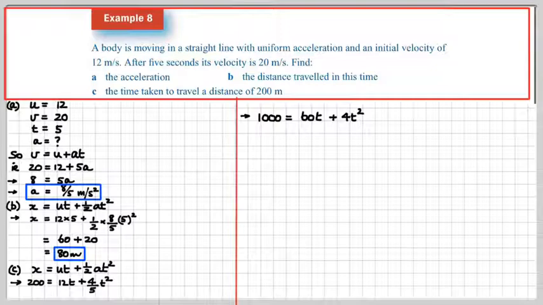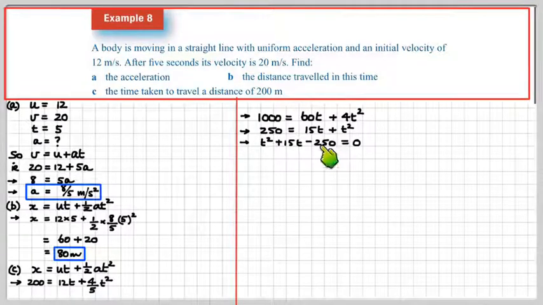Yes, very good. Now we can divide through by 4. Now we've got to solve that thing. Goodness. I just thought of it. 250 is 25 times 10, and I can get 15 out of 25 and 10, can't I? So I think that's the answer to it. Yes, look at that. t plus 25 times t minus 10.